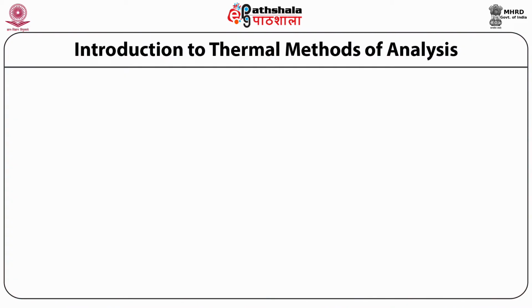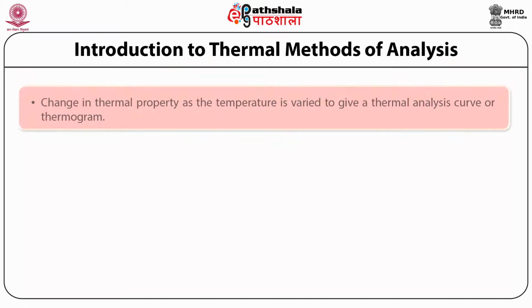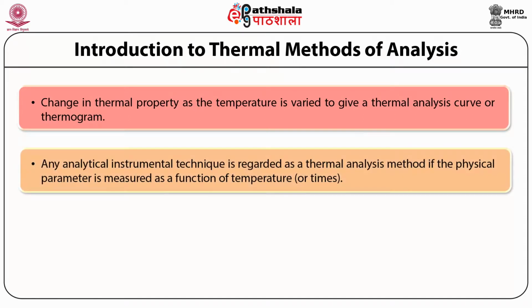Thermal events are usually studied by recording the change in a thermal property as the temperature is varied to give a thermal analysis curve or thermogram. According to analytical chemistry, any analytical instrumental technique is regarded as a thermal analysis method if the physical parameter is measured as a function of temperature.